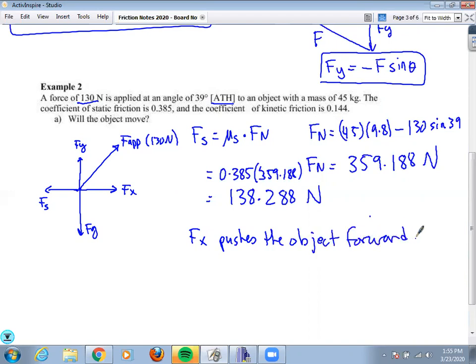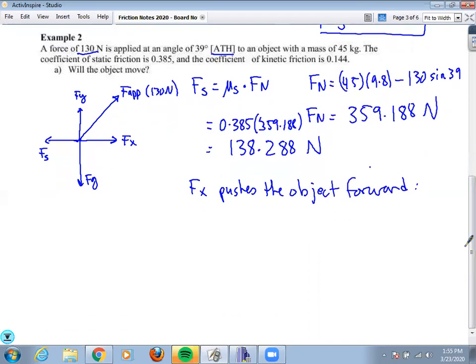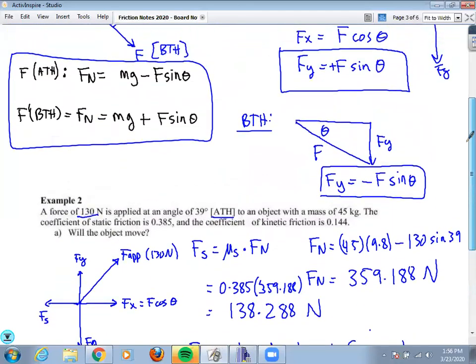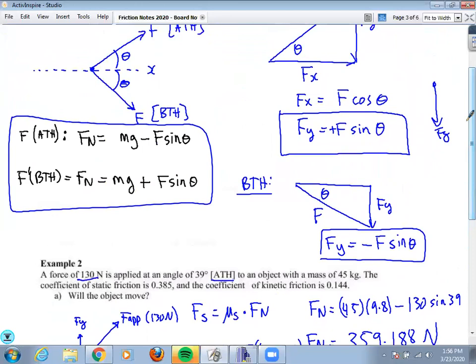Now to determine if it moves, Fx must be greater than static friction. Our static friction was 138.288 newtons. And we have to find Fx. So Fx will equal F cos theta, as per our formula up here.